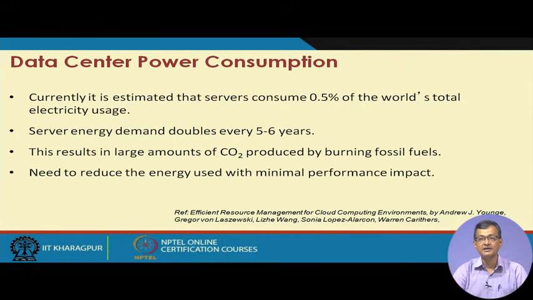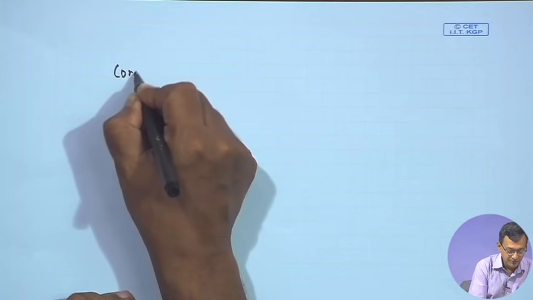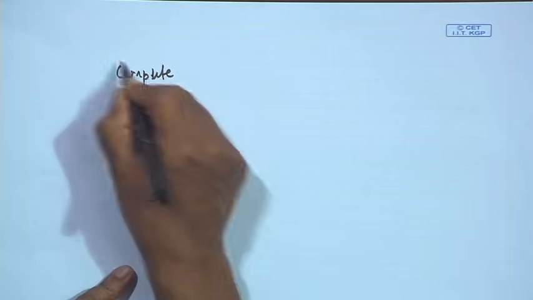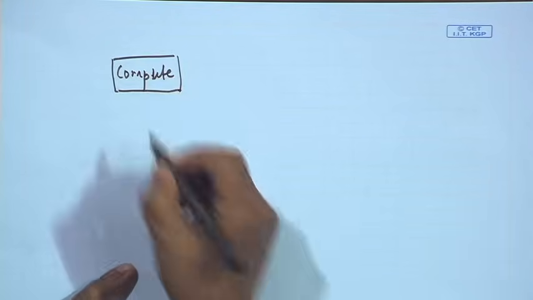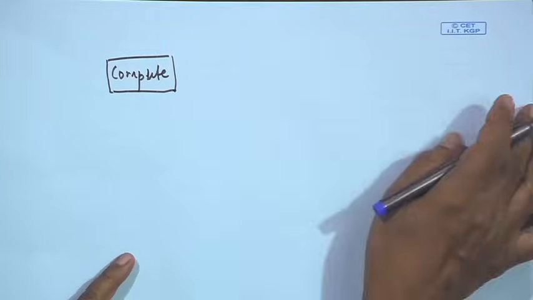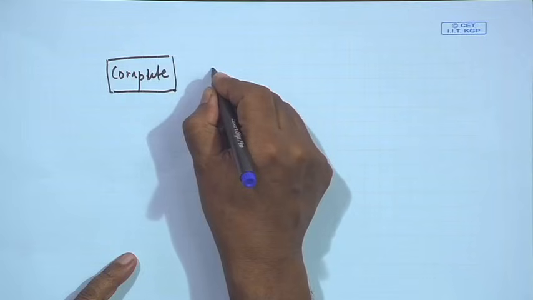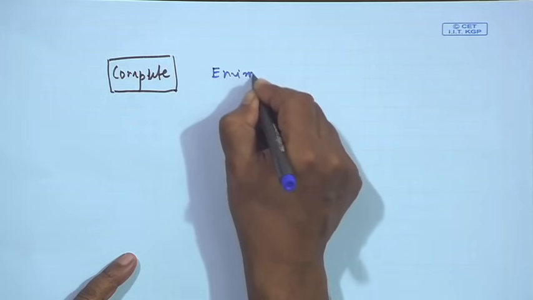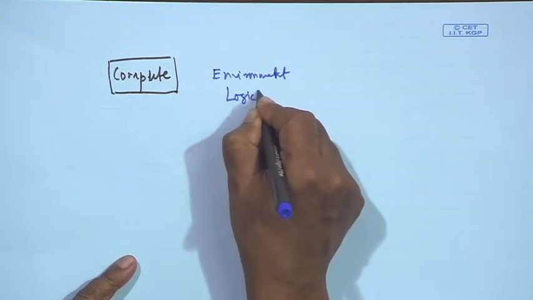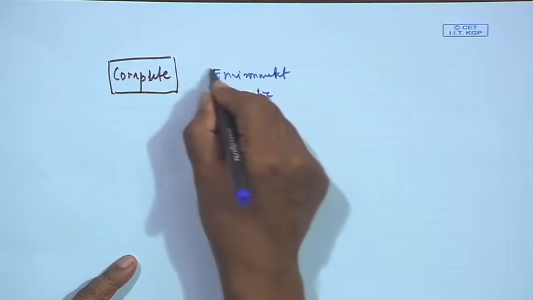If you look at a data center, there are two major components. One is the compute infrastructure, and another is the overall environmental infrastructure, or the logistics of the data center, right.